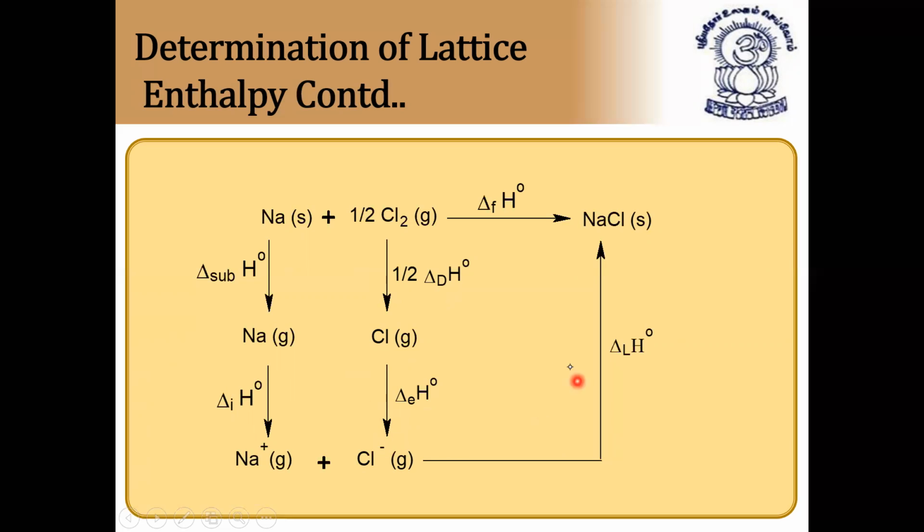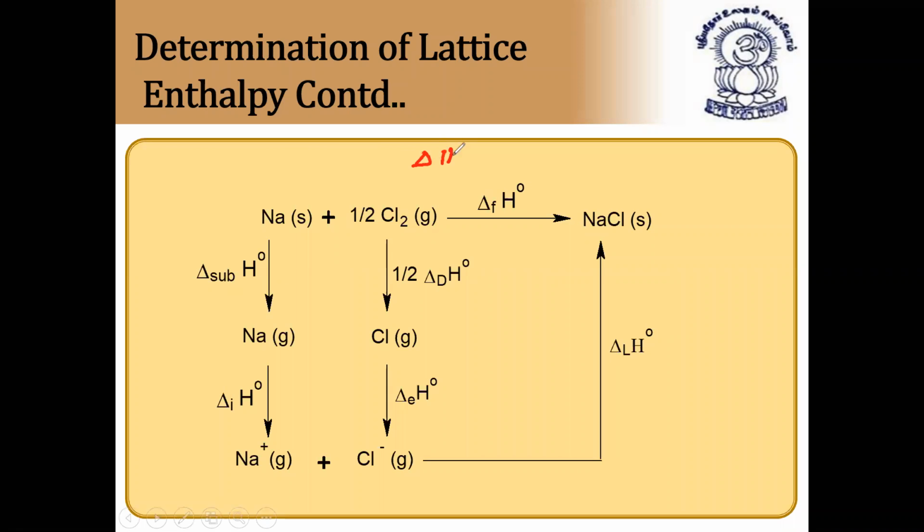That is delta H1 plus delta H2 plus delta H3 plus delta H4, a total of four processes. Then finally, there is delta H of lattice enthalpy, and delta H of formation is given. So delta H of formation is equal to this total plus the lattice enthalpy term, and from this you can find out the lattice enthalpy also. We have done that in the previous case.